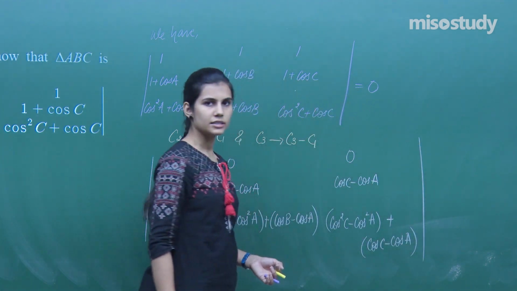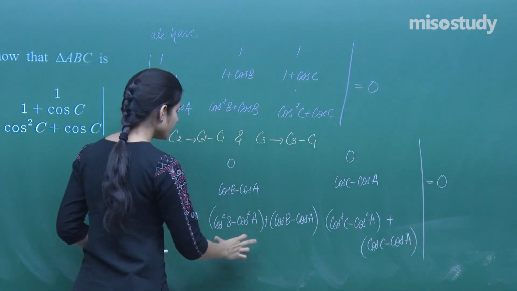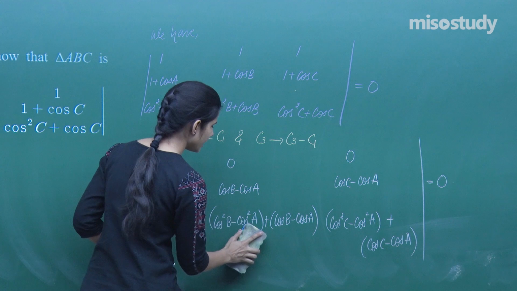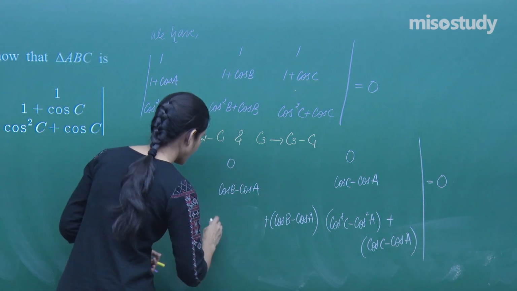Now try to see this. This is equal to 0. You can write cos square B minus cos square A as what? Let's try to manipulate here itself.